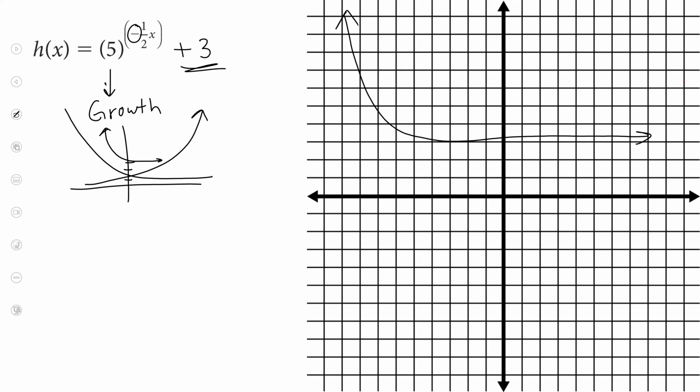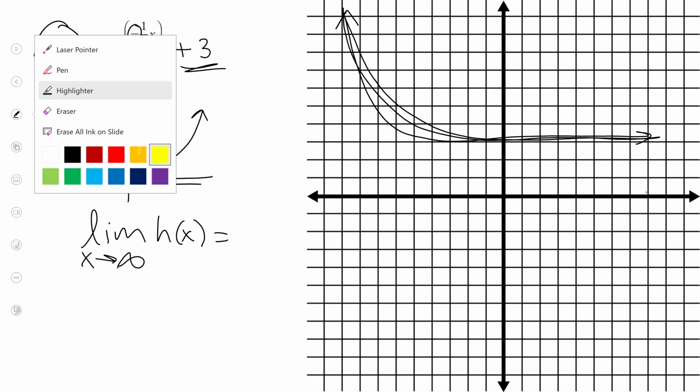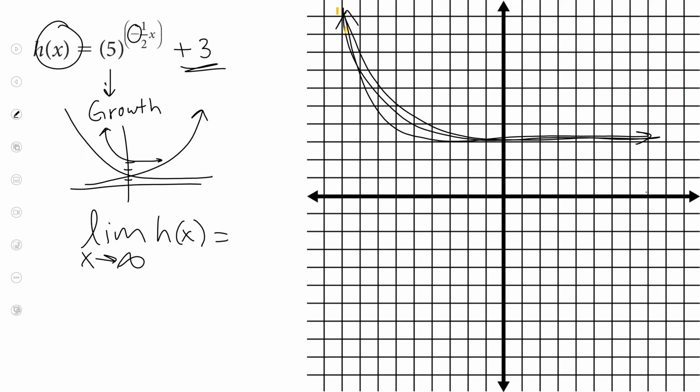Okay, so that means the limit as x approaches infinity for h of x, it's h of x this time. So as I move to the right, where am I headed towards? Let me highlight it for you so you see my pen. I'm moving to the right.